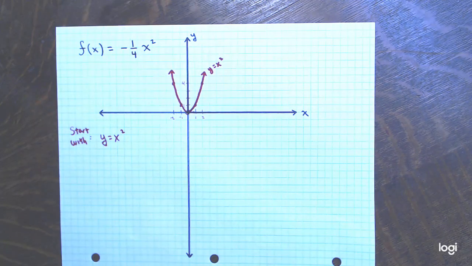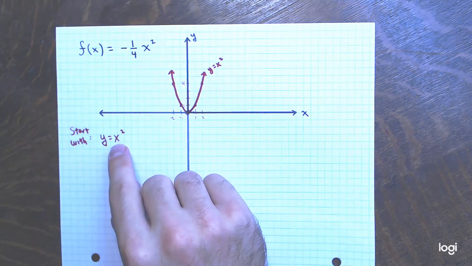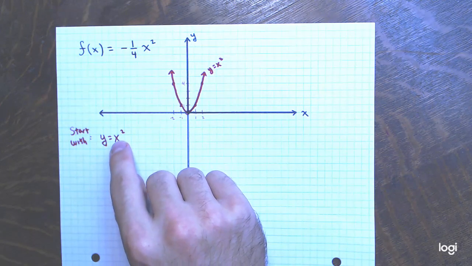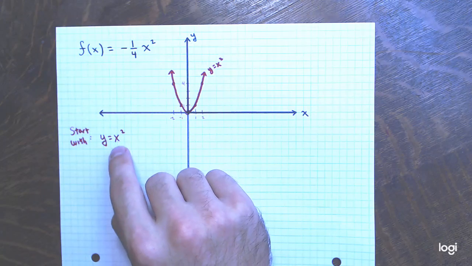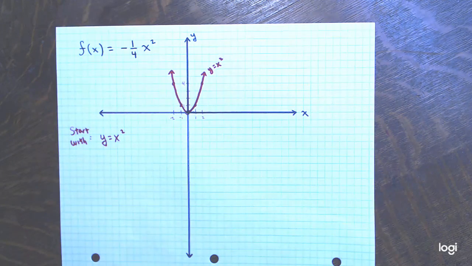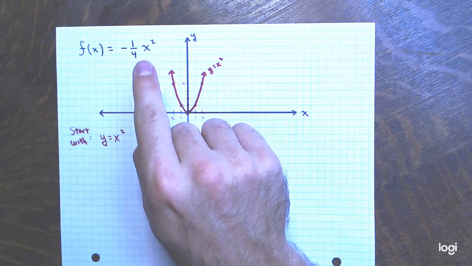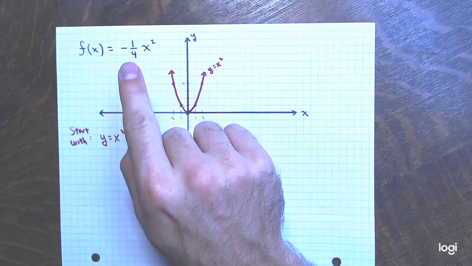Now what I'm going to do is take this rule for x squared, this function y equals x squared, and change it, transform it, one step at a time, one transformation at a time, until I get it to look like this. So notice it's multiplied by a negative number.